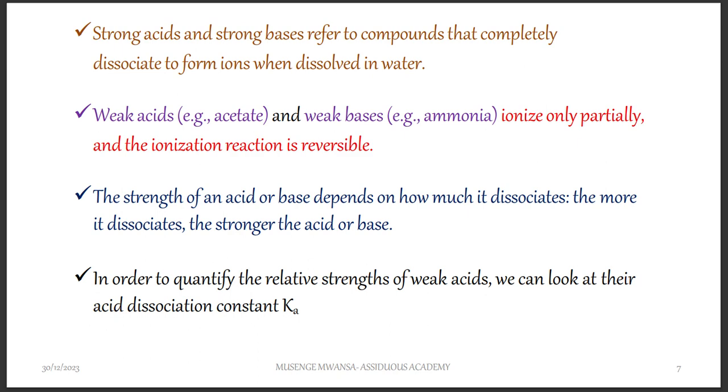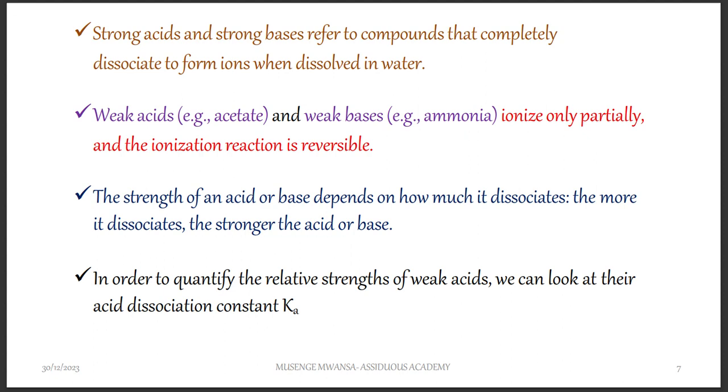Examples of strong acids are hydrochloric acid and sulfuric acid. But a weak acid, for example acetate, and a weak base like ammonia can only partially ionize, meaning that as they break into their constituent ions, they will not do it fully.